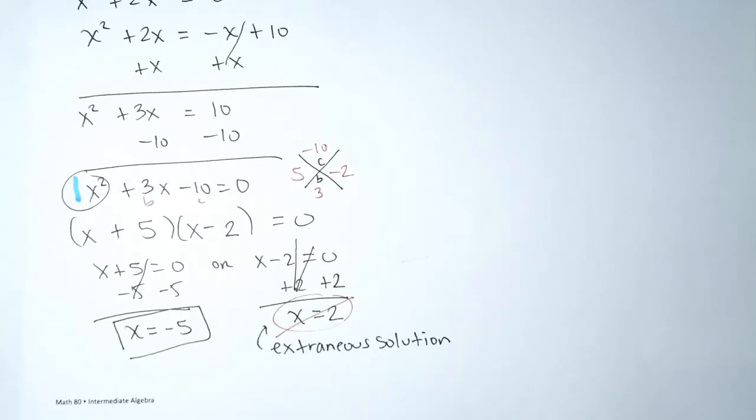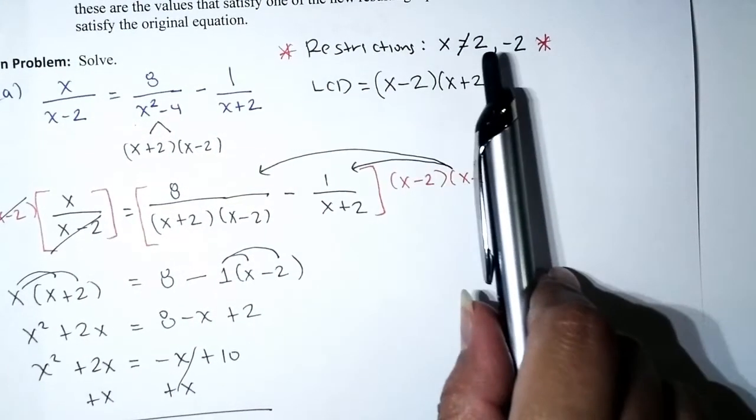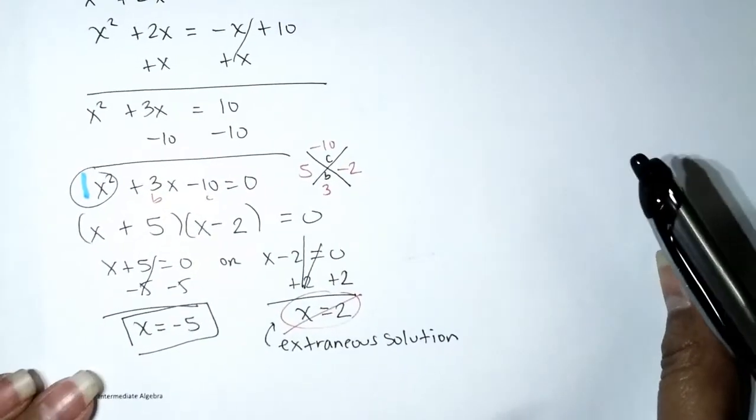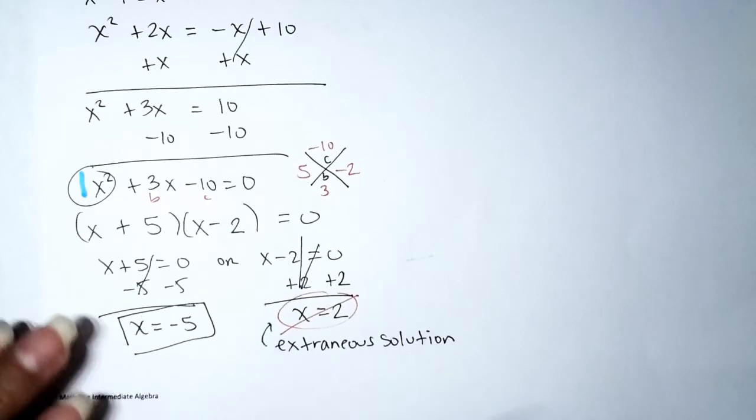If you're like me, and you don't list the restrictions when you're nice and fresh, after all this algebra, I'm exhausted. I would be like, oh, I'm so excited, we nailed it. I don't think I would have the energy to think, oh wait, I gotta watch the restrictions on the variable. So this is my recommendation.